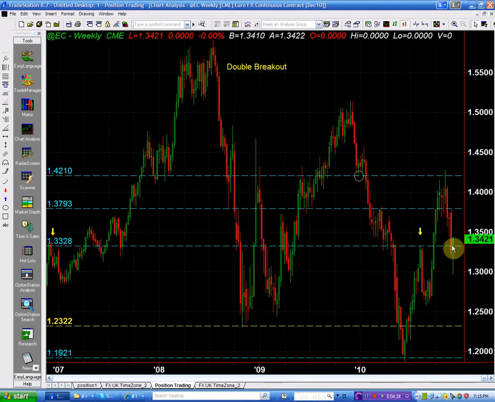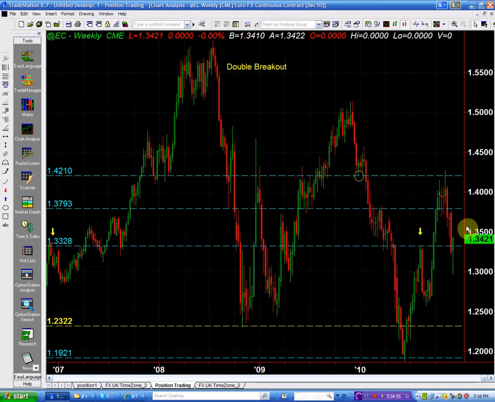We did open below that, and we sold off to the 1.3, about 300 pips to the downside, only to reverse and come back above the structure point, which is the 1.33. So in this case, you had two very successful trades in the euro. You could have gone short from last week at the starting point, and then reversed on a trade back above the 1.3328.